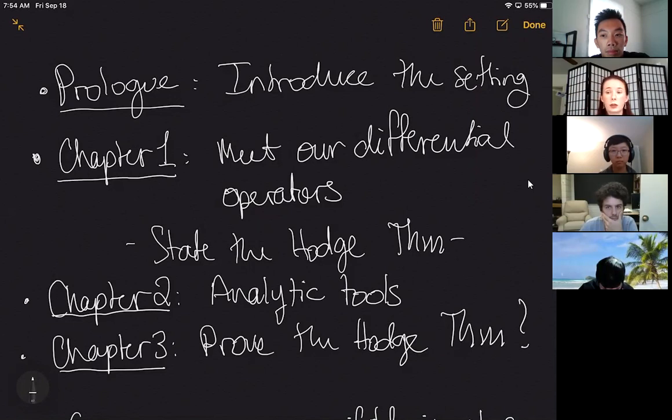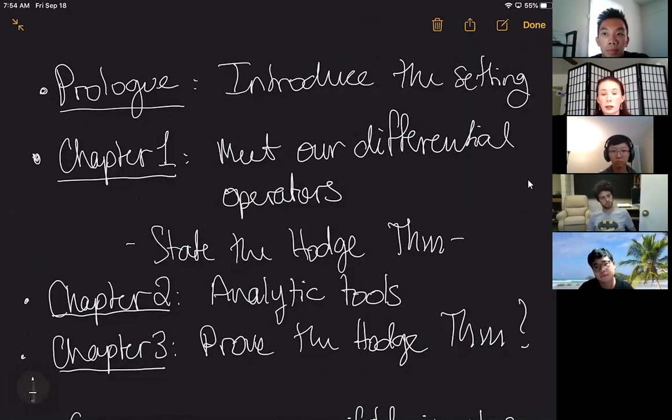We then used a functional analytic tool to define a box Laplacian on an extension of smooth PQ forms. And this is the operator that we will be stating the Hodge theorem in terms of.